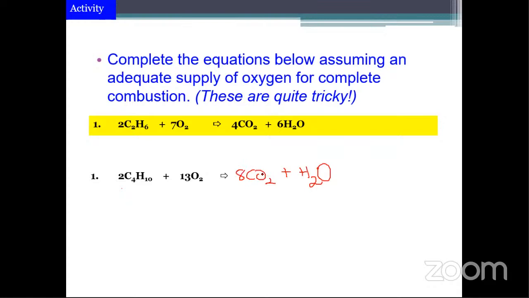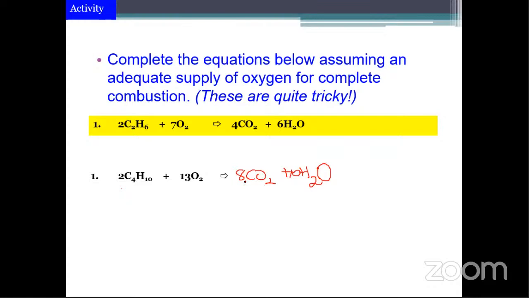And then now, let's balance off our hydrogens. We have 2 times 10 is 20. So I need to put what here to get 20? I need to put a 10, right? 10 times 2 is 20.